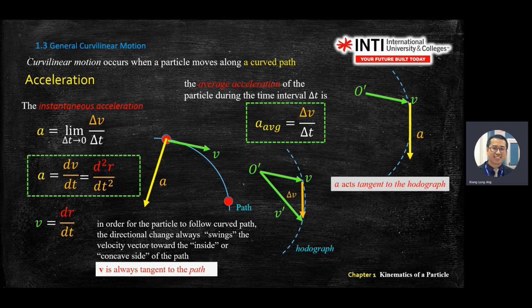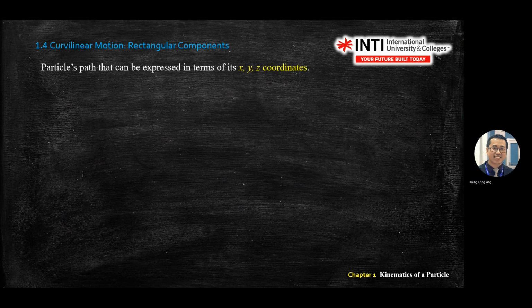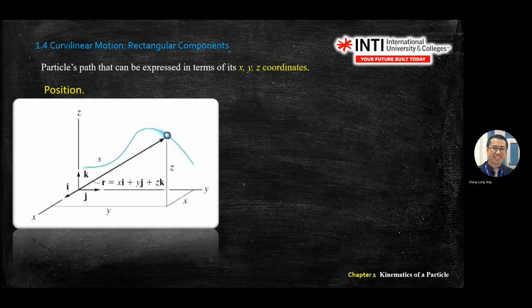Now, because a curvilinear motion curve is sometimes very complex, we want to define it in a coordinate system. Next, we put it into rectangular components, in the Cartesian plane. Cartesian plane means you have x, y, z coordinates. So for position, on the screen here, you know that you have x, y, z.